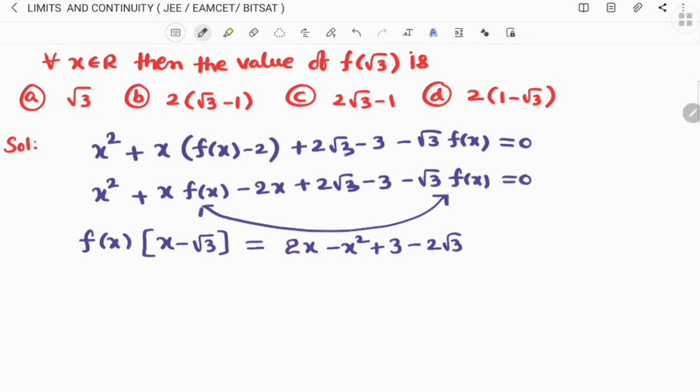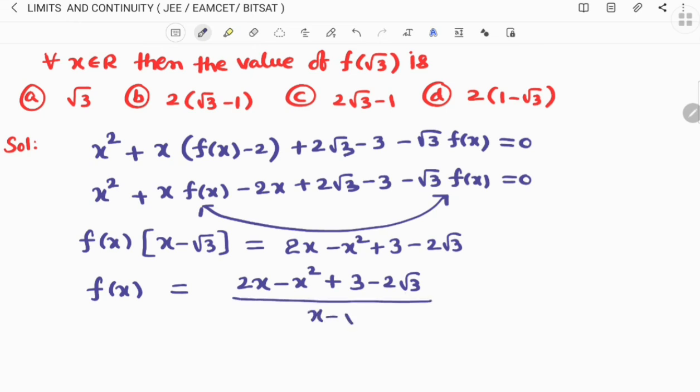So here also root 3. So from here f of x is equal to 2x minus x square plus 3 minus 2 root 3, divided by x minus root 3.